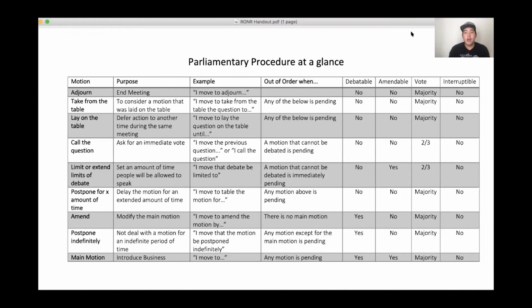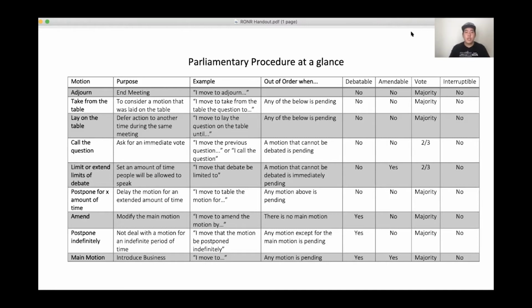We don't talk about motions to extend time, for example. Say we're hearing a special presentation, and it has gone on for 15 minutes, so we've hit the 15-minute mark, because it's 15 minutes for the presentation and 5 minutes for the Q&A. But say we want to keep on hearing from the presenter because it's a really engaging presentation or a really important topic and we really need to get all of the content.